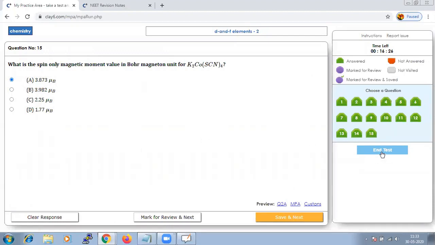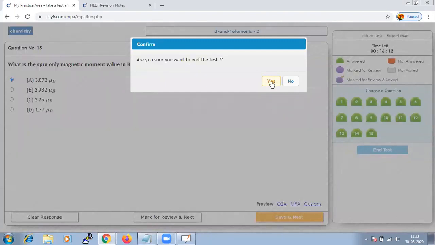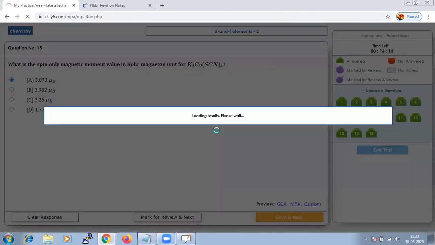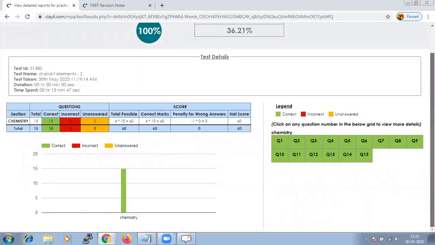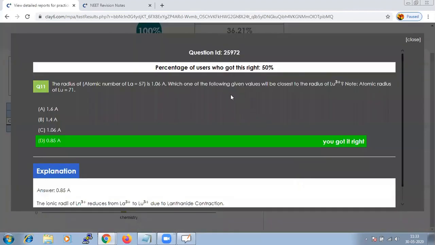Let us end the test and see how many questions we have done right and how many are wrong. All the questions are correct here, but if we had gone wrong anywhere, the question would be shown in red, and if you have not attempted any question, it will be orange. The best part is that if you click on a question, it will give you the answer with an explanation.